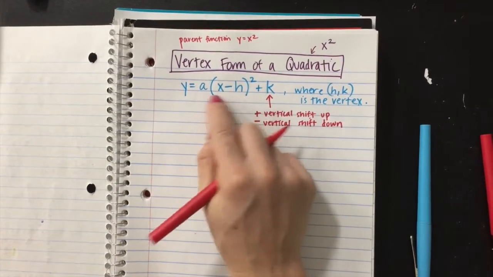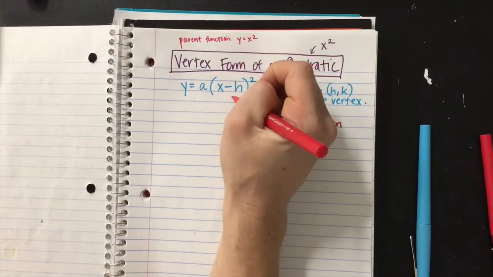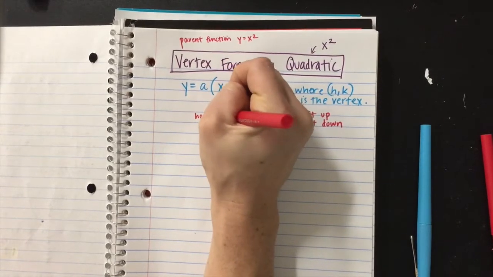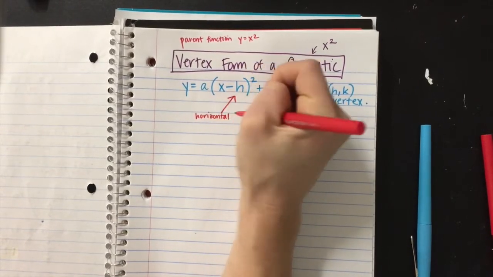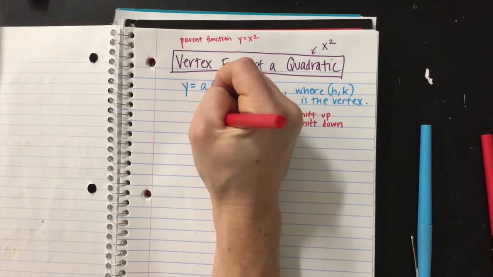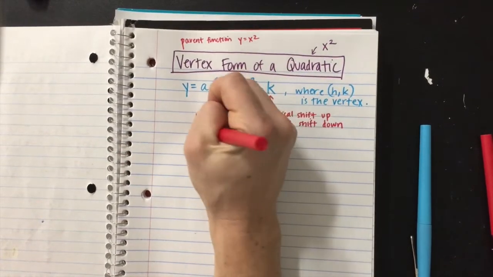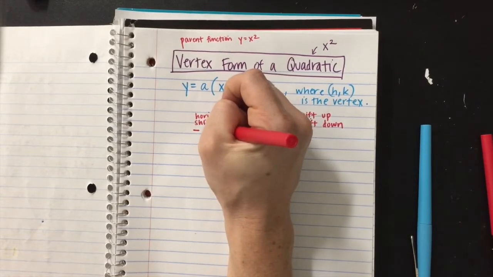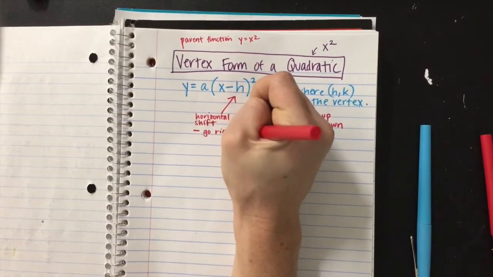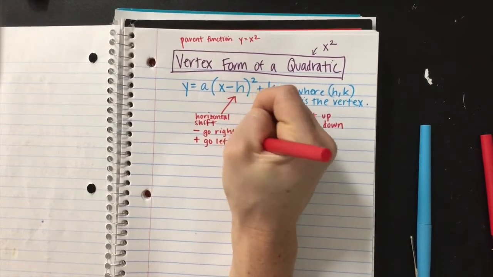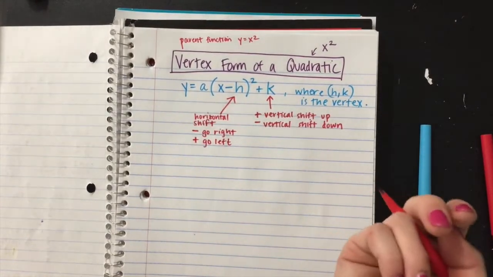The number inside the parentheses with the x, this is a horizontal shift, which means side to side. If it's minus, you go to the right. And if it is plus, you go to the left. It's kind of counterintuitive. It's the opposite of what you would expect.